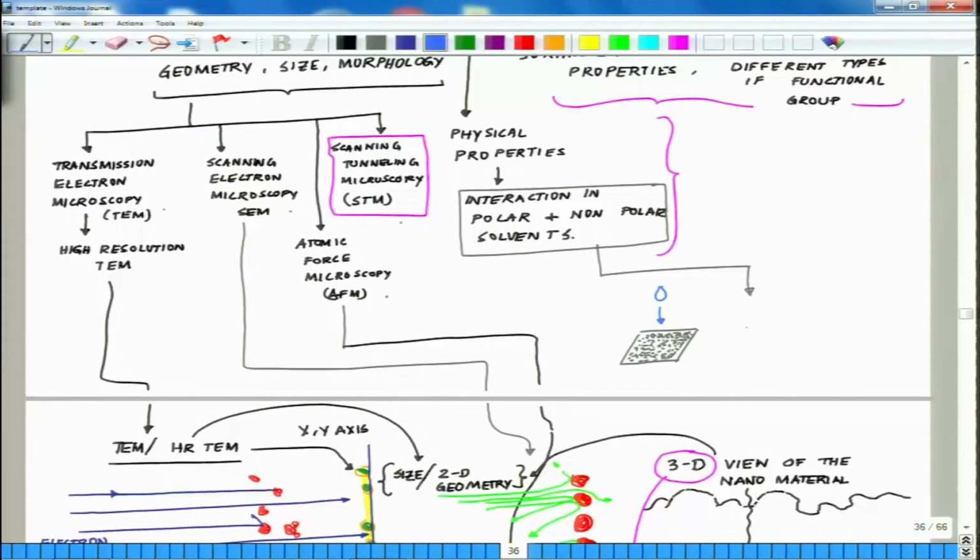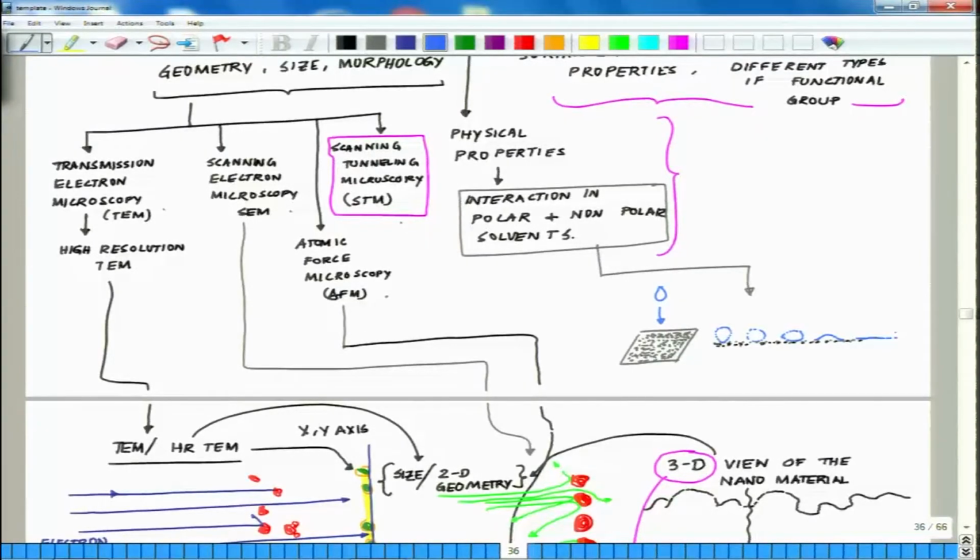The possibilities are that the drop of water will remain like this on top of the particle layer, or it will behave like this, or like this, or it will almost mix.